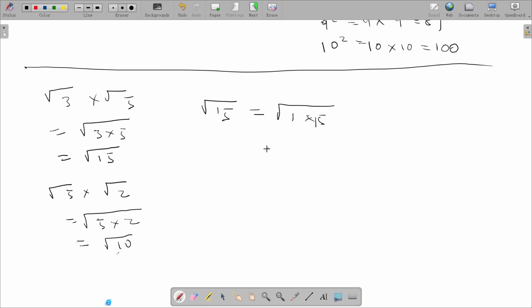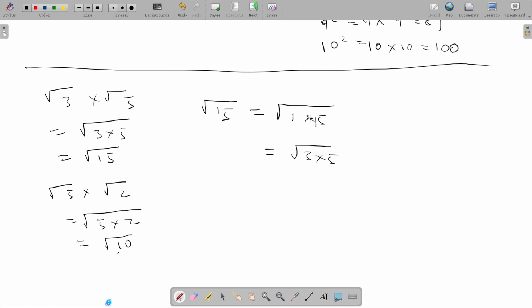We can also say square root of 15 is the same as square root of 3 times 5. We can break it into any pairs of factors of 15. All right.